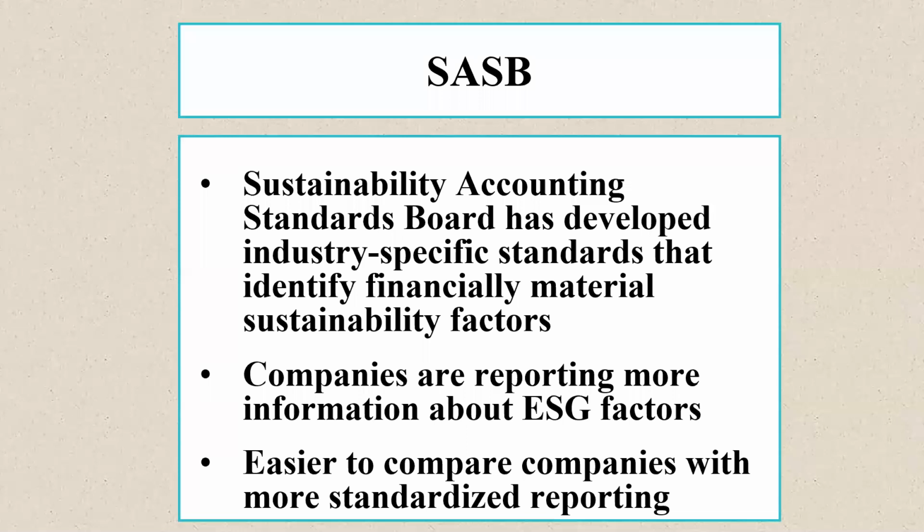Many more companies are now reporting their information about their ESG factors. A problem has been a bit of apples and oranges. The reporting has not been as consistent as would be helpful to the investors, but the companies are increasingly using more standardized reporting. There are more groups working on that. Next slide.